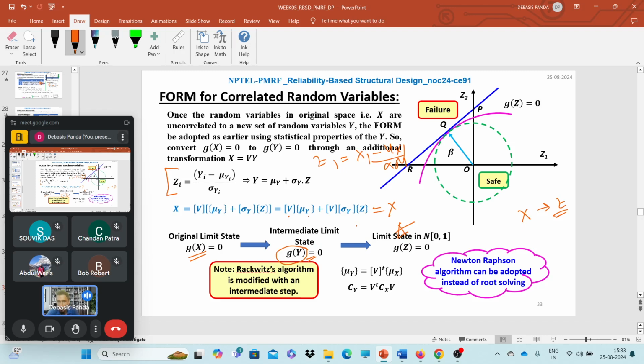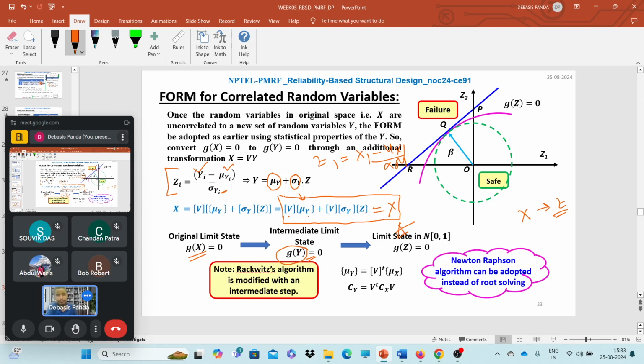So from y to z, here yi minus mu yi by sigma yi, and we have the parameters of y space like mu y and sigma y, and if you put this you will get this expression. This is also a very important expression: when you have correlated random variables, first you need to uncorrelate them and then convert that into z space.